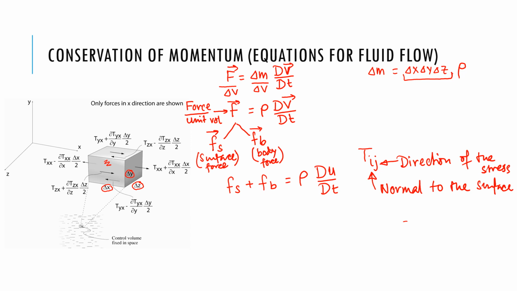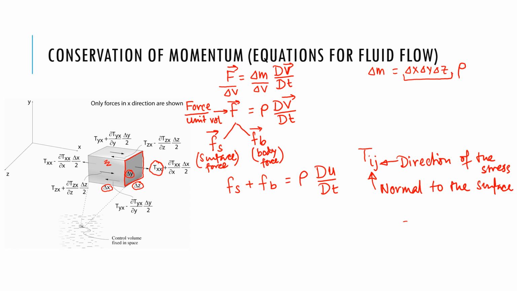So then if this is a surface here, the normal to it is in the x direction. So this particular stress is going to be Txx, meaning i is x.